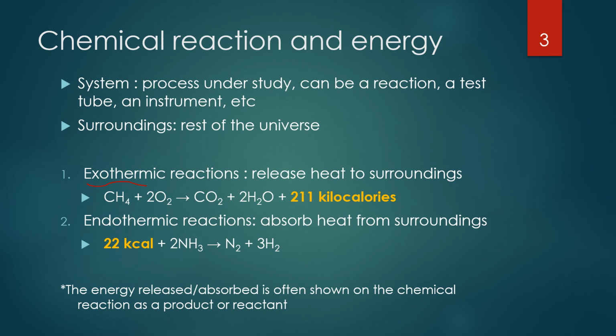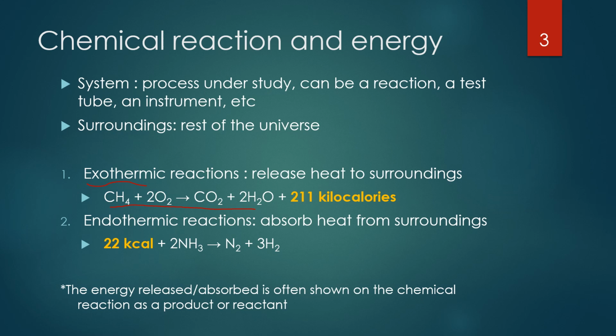So how do we represent this in a chemical equation? So an example of an exothermic reaction is this combustion reaction. And I know it's combustion because I have a hydrocarbon reacting with oxygen to form carbon dioxide and water. So this is an exothermic reaction. Heat is released.